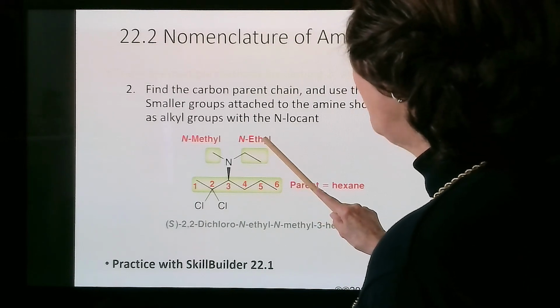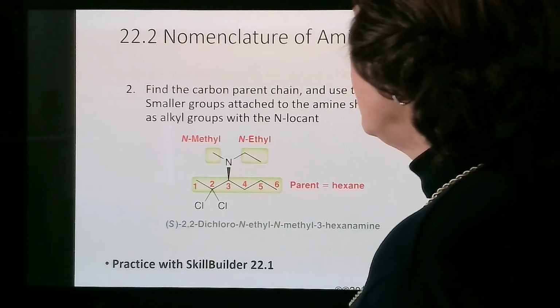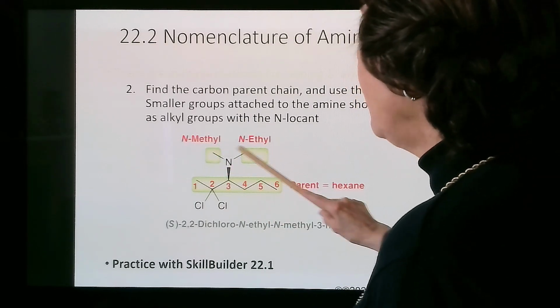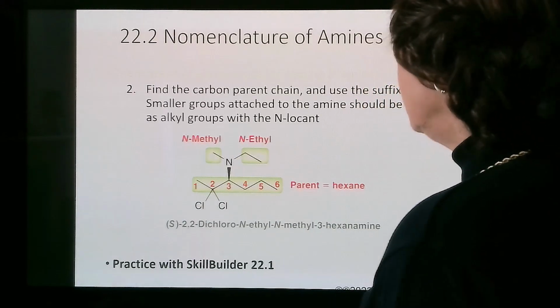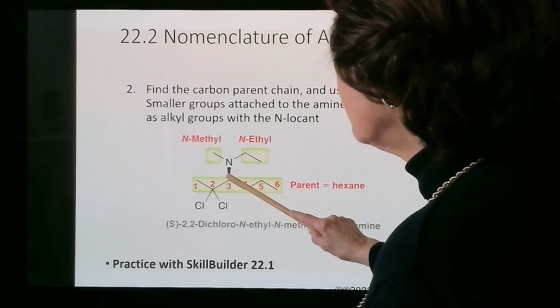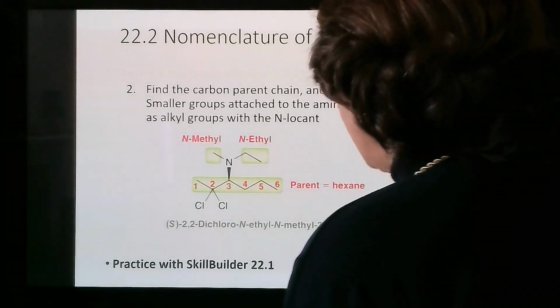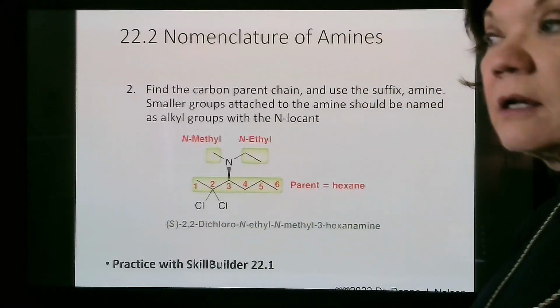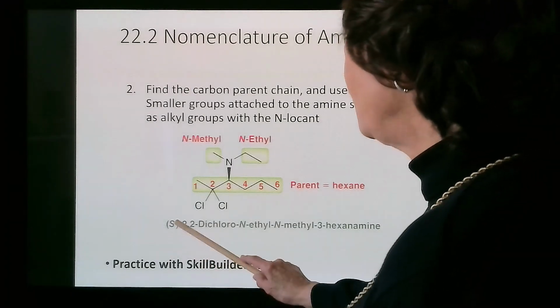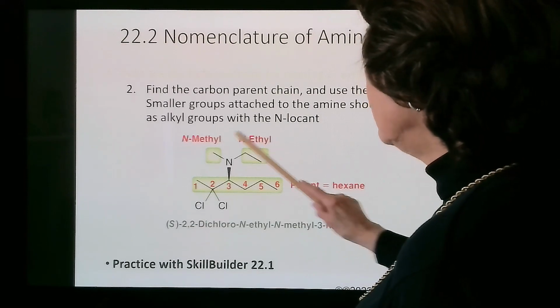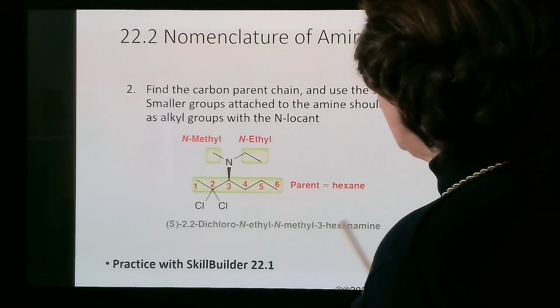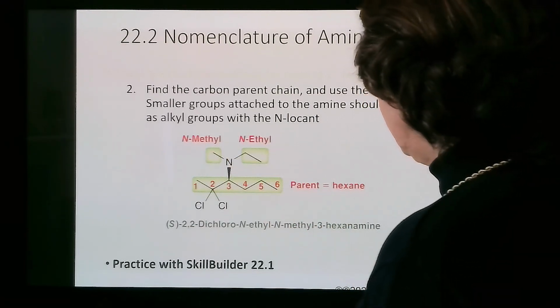This is N-ethyl and N-methyl to indicate that ethyl and methyl are attached to nitrogen. And you can see you have 1 chiral carbon, which has the S configuration. So there's a lot to figure out in this name. So this is S, 2,2-dichloro, N-ethyl, N-methyl, 3-hexanamine.